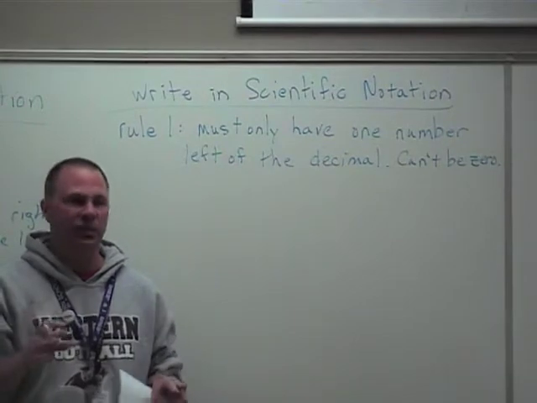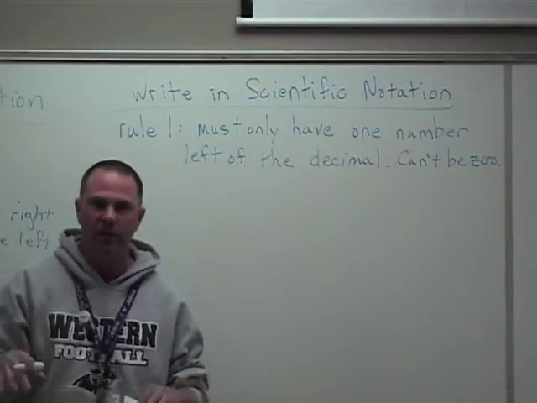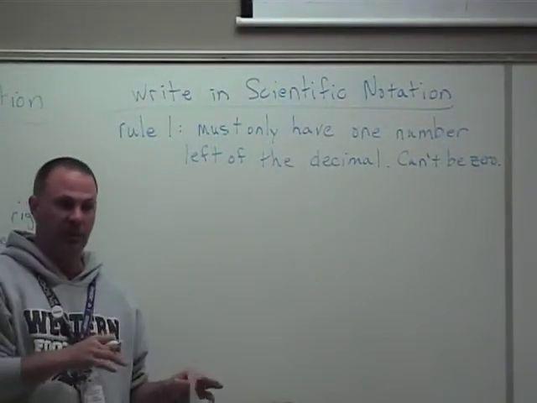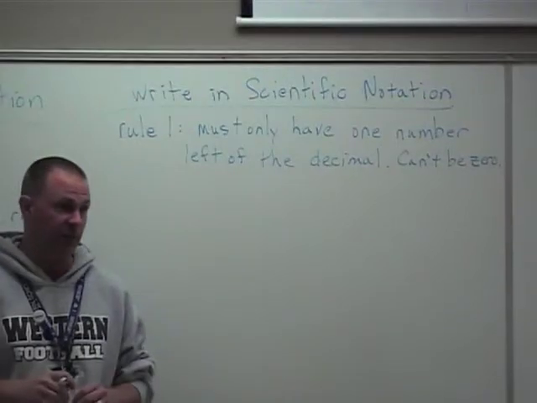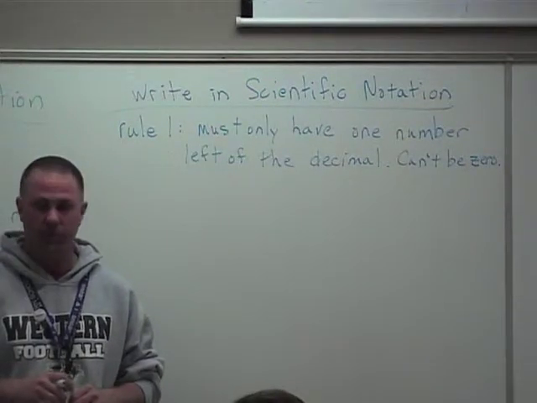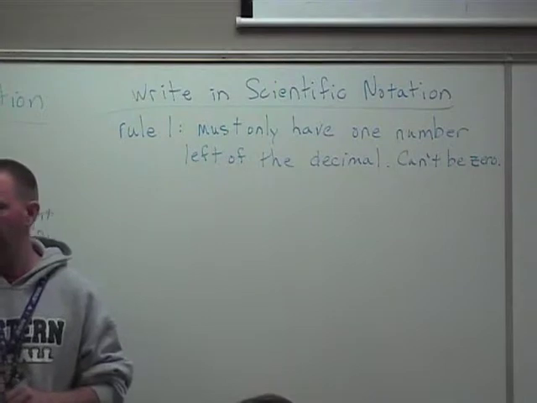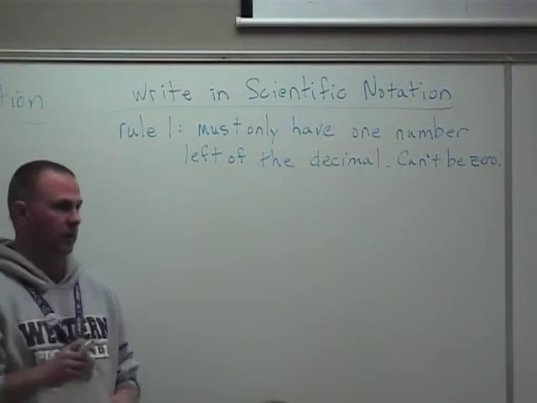That means one digit left of the decimal. It can't be like 55 point something. That would be 2 digits left of your decimal. Only one digit left of the decimal. That's the first rule. Okay?